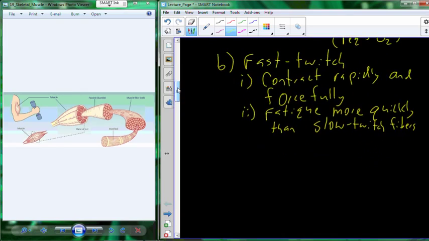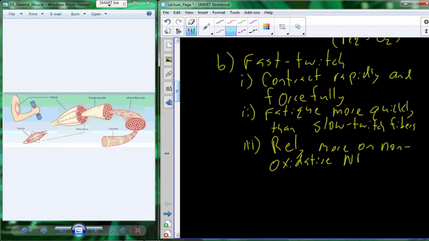From an energy perspective, the fast twitch fiber is going to rely more on our non-oxidative energy systems and will not require a high level of oxygen supply.